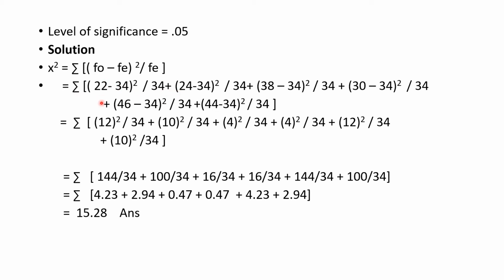Now simplify the problem. 22 minus 34 is equal to 12. 12 whole square divided by 34.